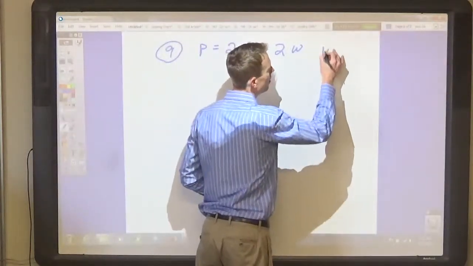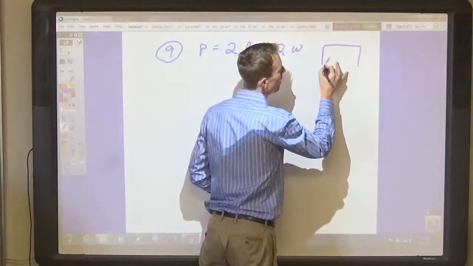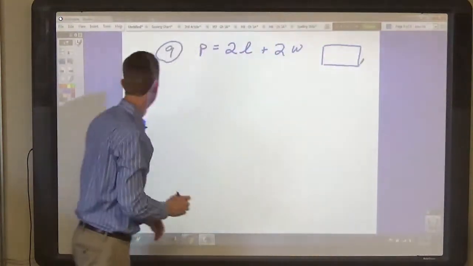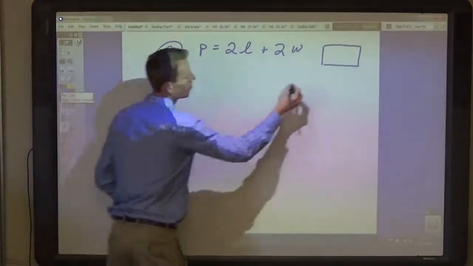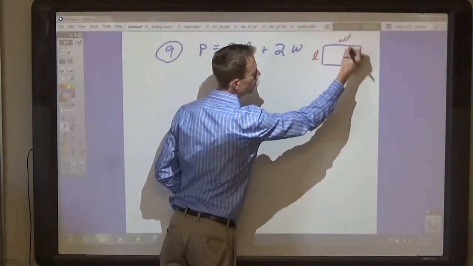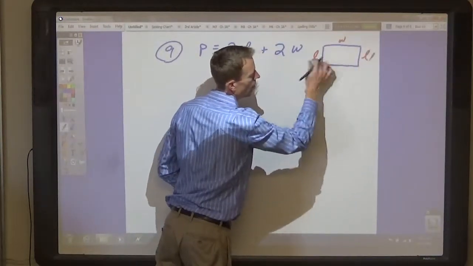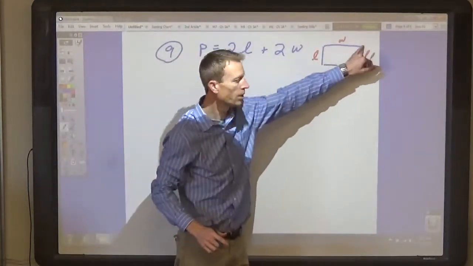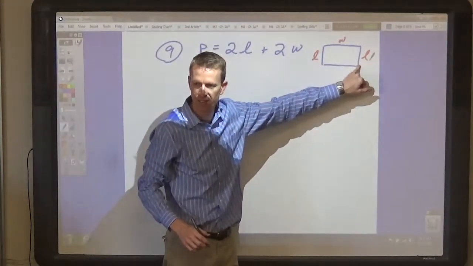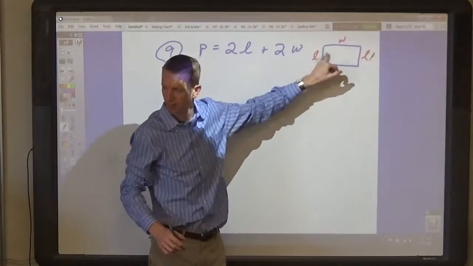And look at why. If you have a rectangle, the length and the width, the opposite sides, the length of one side plus the length of the other side is 2 L's, right?